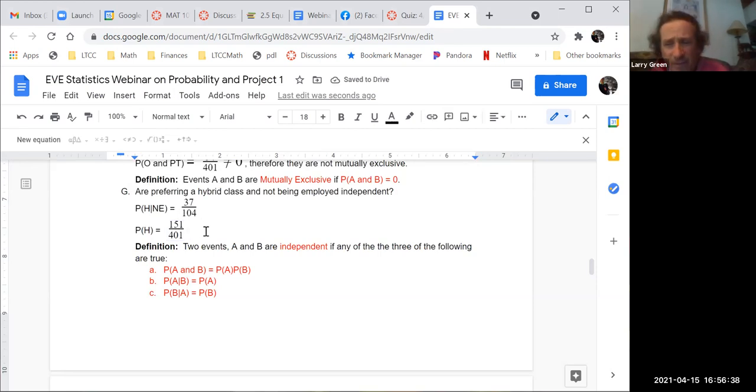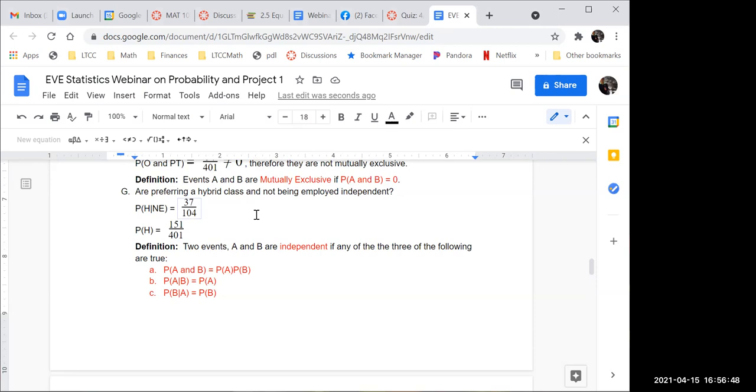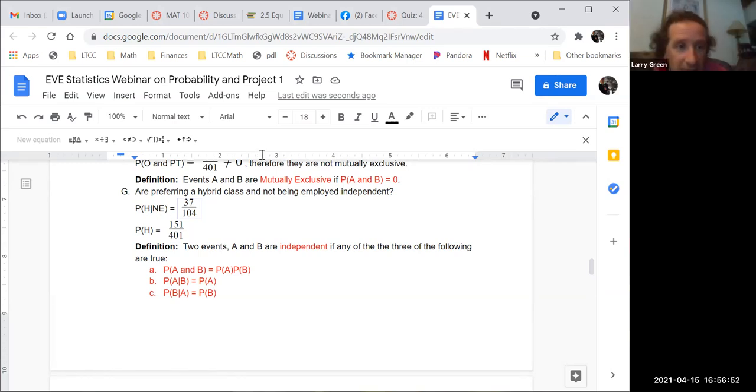What's the easiest way of telling if two fractions are the same? Given that you have a calculator, just calculate it, then divide. Yeah, put them in decimal form. So 37 over 104.